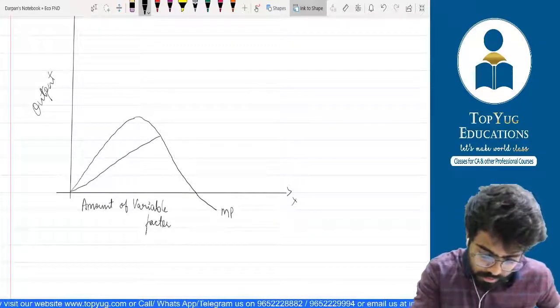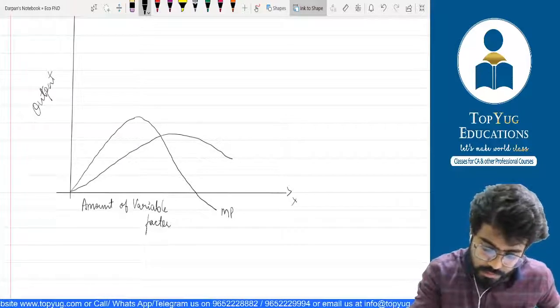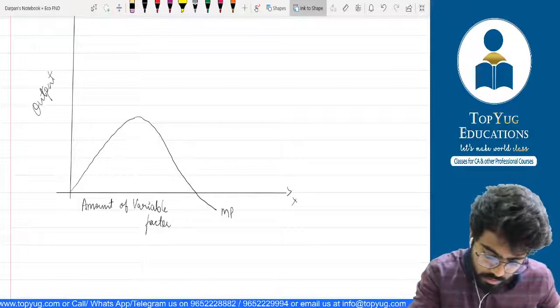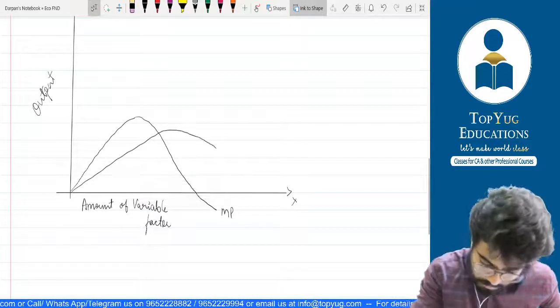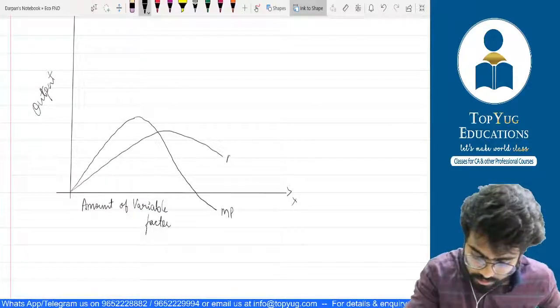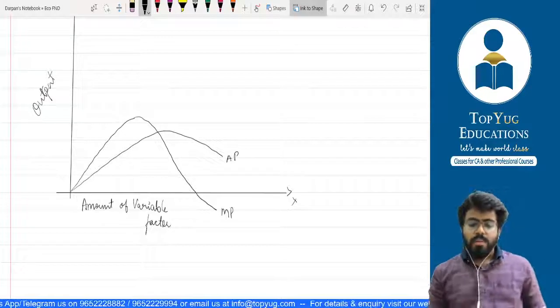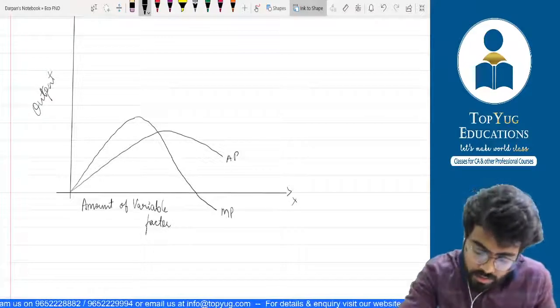But then there'll be a point after which it starts to decrease. It will start to decrease immediately. Right. So this is AP. Okay? So what happened to AP?